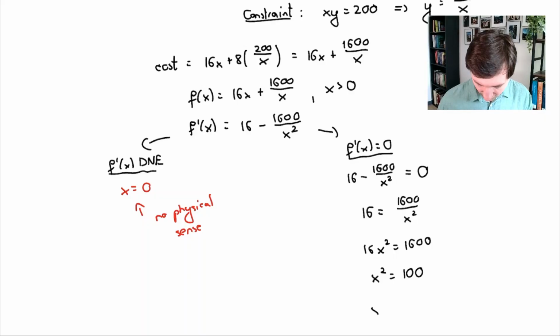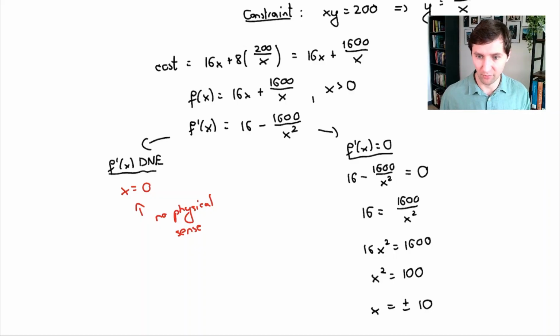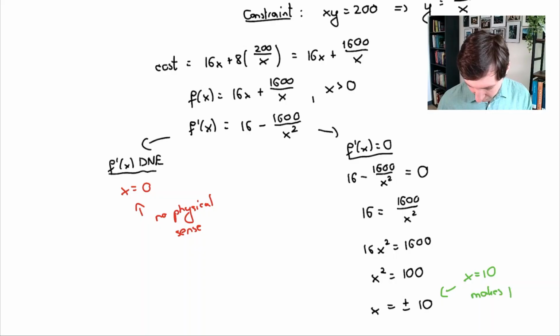Take a square root, and you get that x equals plus or minus 10. The only critical number out of these two that makes sense is x equal to 10. X equal to negative 10 is not even a critical number because it is not in the domain of our function. X equal to 10 is the only critical number I take into consideration. That's the one that makes physical sense.